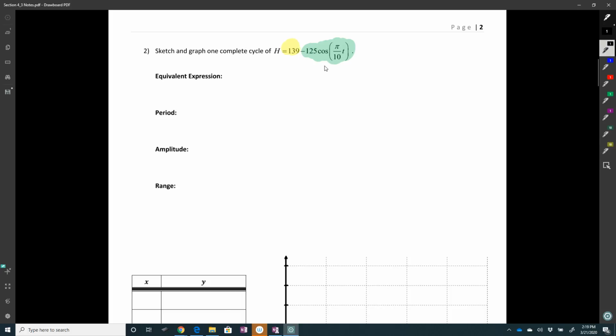So my equivalent expression is -125 cosine pi over 10t plus 139. And so here we can see that this graph is going to go up 139.